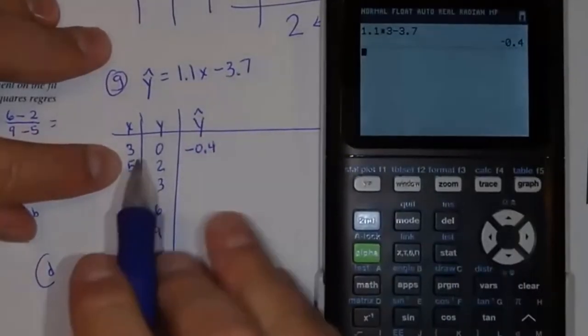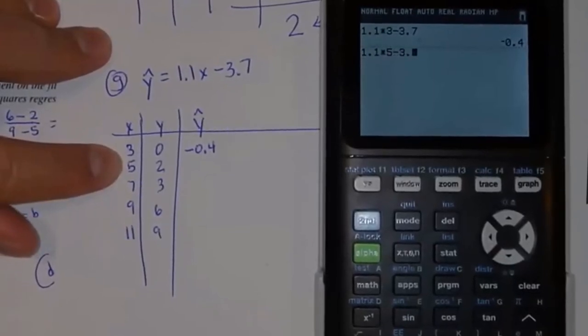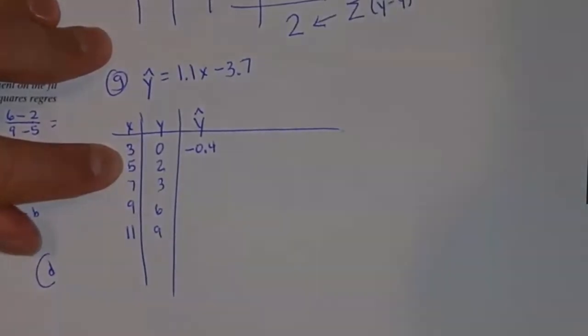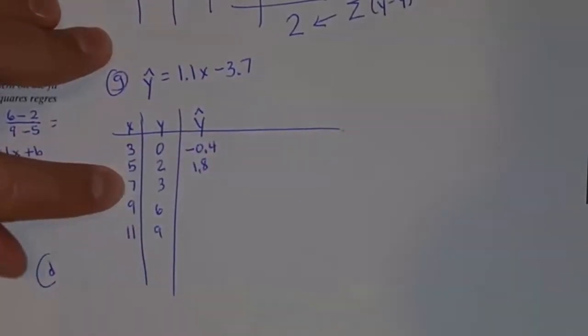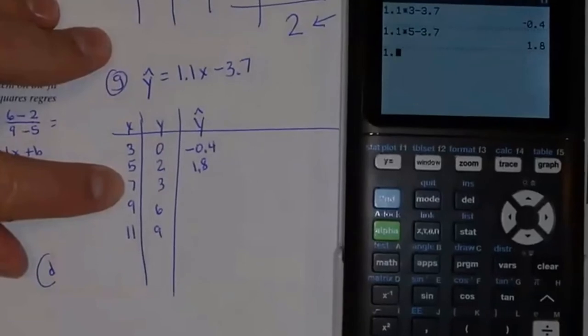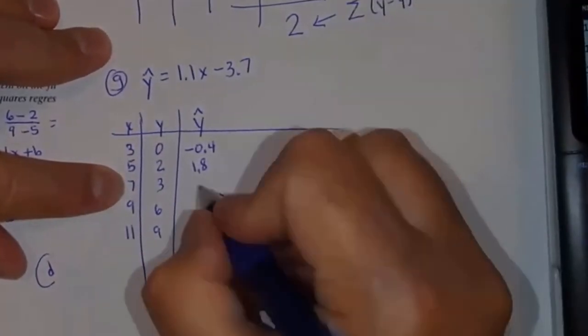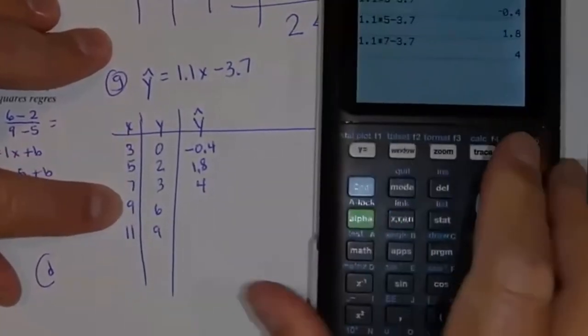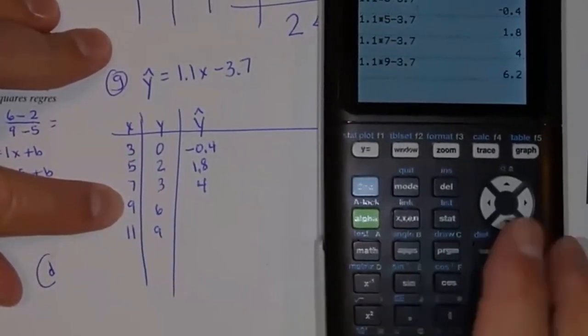If I substitute 5 in, 1.1 times 5 is 5.5, minus 3.7 is going to be 1.8. Plug in 7. 1.1 times 7 minus 3.7 is 4. 1.1 times 9 minus 3.7 is 6.2.